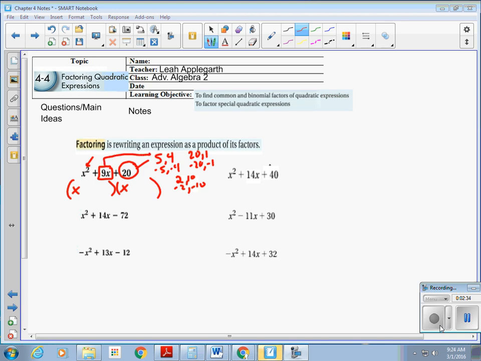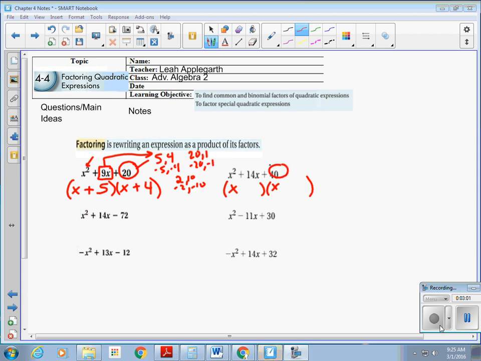That is going to be the 5 and the 4, plus 5 and plus 4. So you're asking yourself which two numbers are factors of my third term and sum to give me my middle term. I'm going to show you that several times.